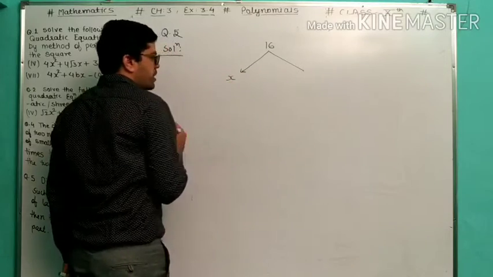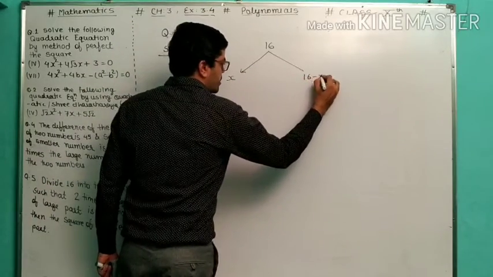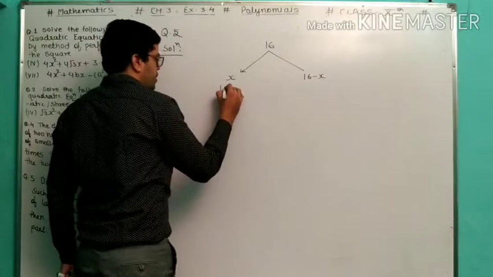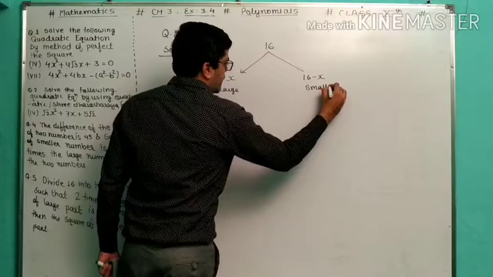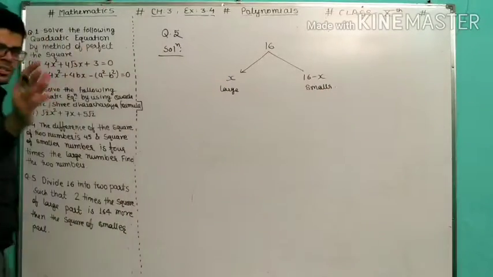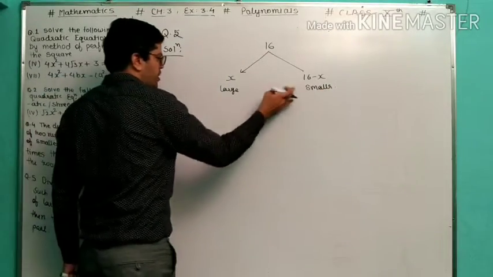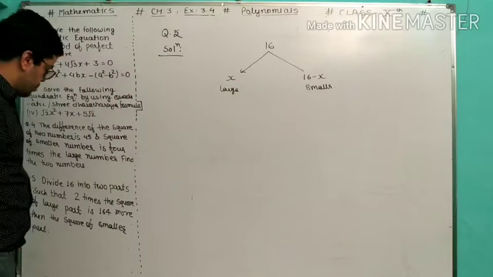Solution: Let's suppose the first part is x, so the remaining is 16 minus x, and I am assuming this is the larger part and this is the smaller part. You can assume whatever you like, this can be larger also, this can be smaller also. It's up to you.